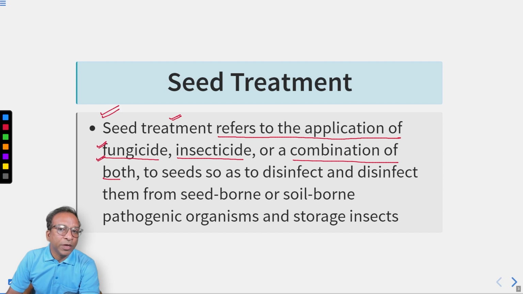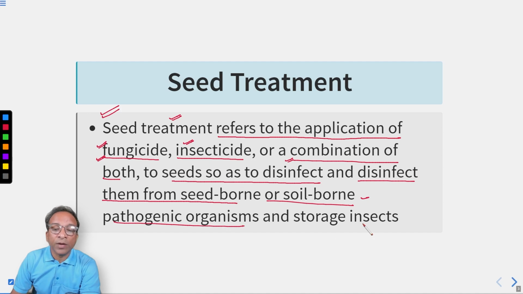Those chemicals could be fungicide, insecticide, or a combination of fungicides and insecticides, right? The combination of both is applied to seeds so as to disinfect them from seed-borne or soil-borne pathogenic organisms and storage insects.